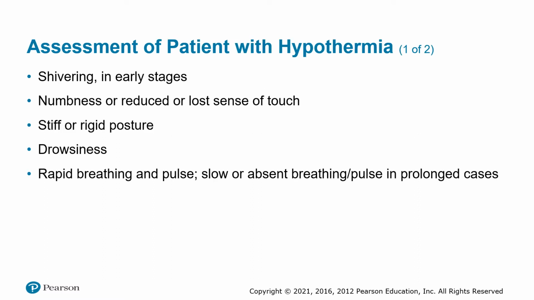So assessment. Shivering is an early stage of hypothermia. Numbness or reduced or loss of sense of touch. They may have a stiff or rigid posture, drowsiness, rapid breathing and pulse, or it may be slow and absent in prolonged cases.